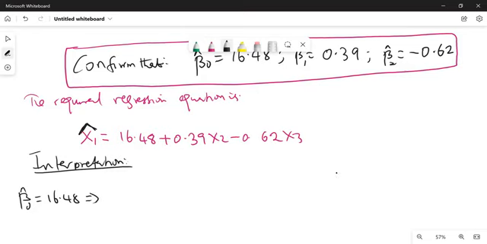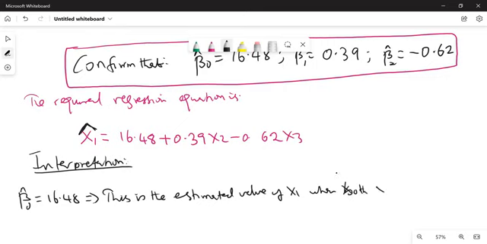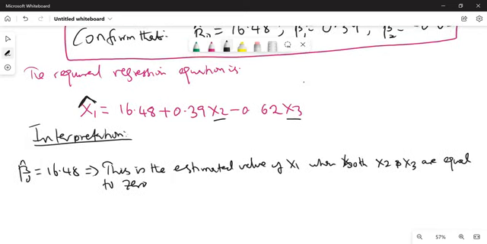This just means that this is the estimated value of x1 when both x2 and x3 are equal to 0. In other words, when you set x2 and x3 simultaneously to 0, then the estimated value of x1 is 16.48.